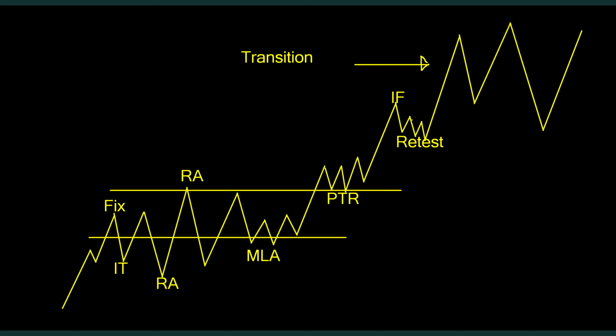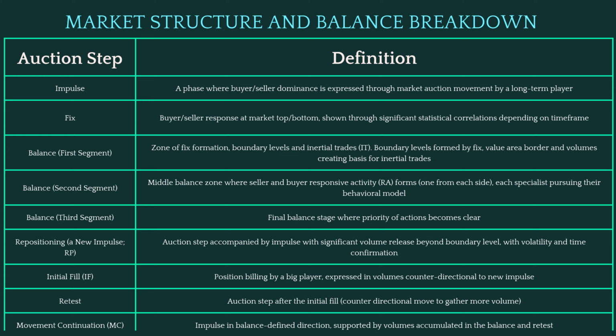The price accumulates some volume again, and then we see the move continuation until the transition phase. And during the transition phase, we see a new balance form. And this is it. For now, I want you to deeply understand all this. And I repeated it twice on purpose because my main goal is for you to understand everything as deeply as possible. All right, moving on.